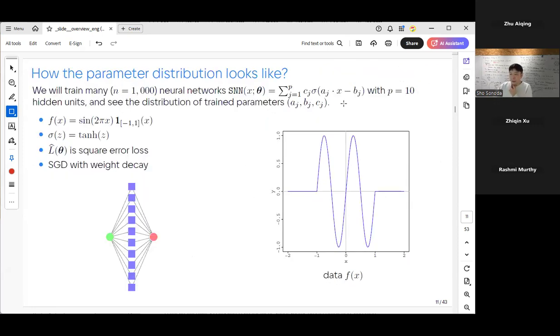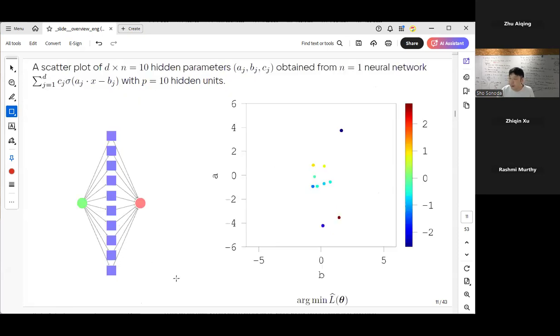And I prepared another numerical example. Consider training a finite width neural network with a hyperbolic tangent activation function by using SGD. The data set is again the same truncated sinusoidal curve. Here I assume that the finite width network has 10 hidden units.